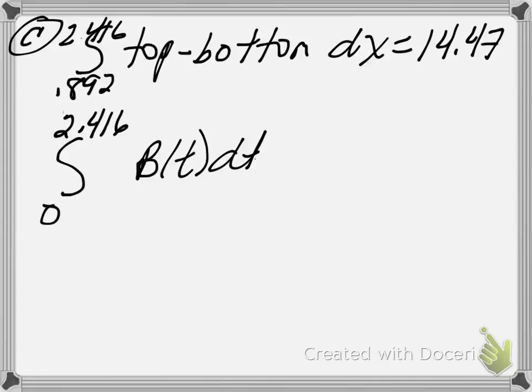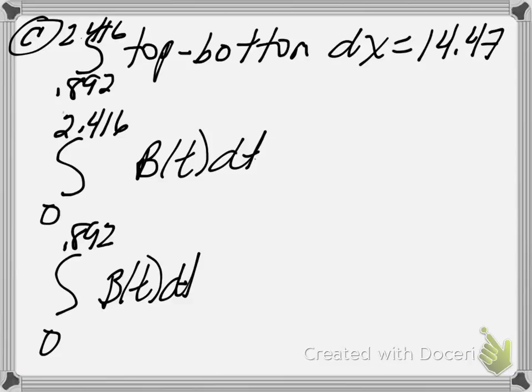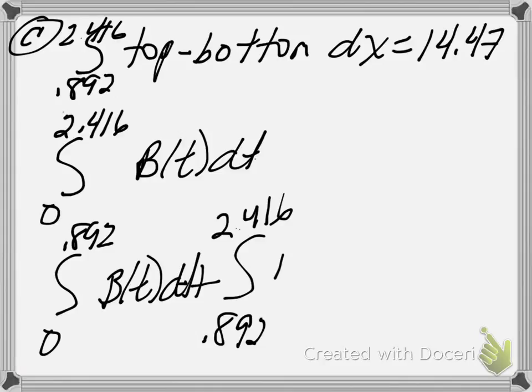So here's the problem. You can't do that 20.5 thing here and just plug it in for B of t, because that didn't start until K, and this is starting from 0. So we're going to have to break this up into two integrals, and we're going to do it like this. We're going to go from 0 to 0.892, that was the K, of B of t dt. And then to that, we're going to add the integral from K to 2.416 of B of t dt.